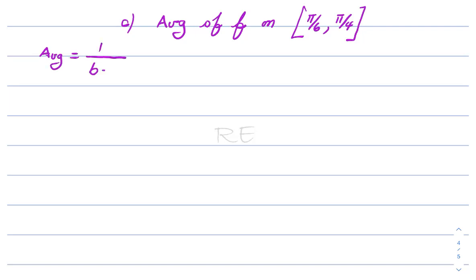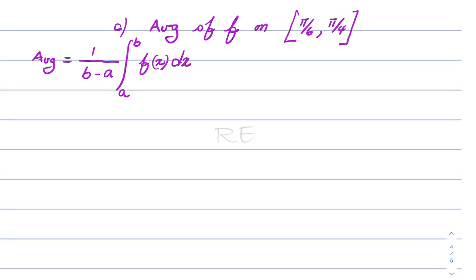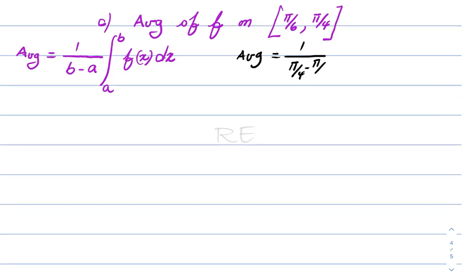The formula for average value is 1 over b minus a times the integral from a to b of f of x dx. So the average value will be 1 over pi over 4 minus pi over 6, times the integral from pi over 6 to pi over 4 of negative tan x plus 1 dx.